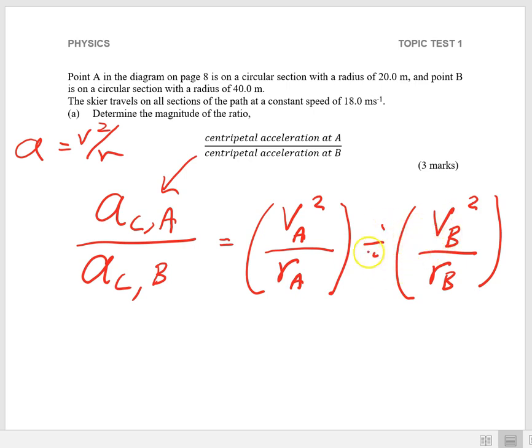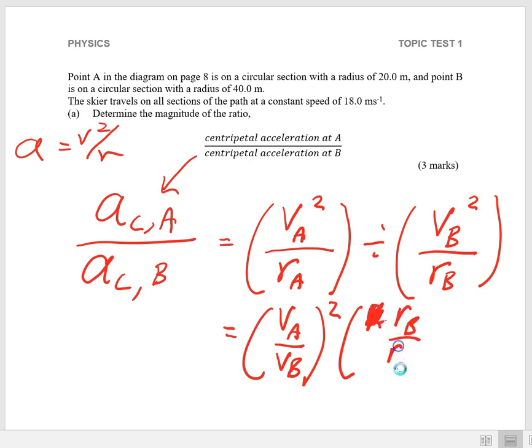If you do some manipulation over here, when you divide, it means that you turn this expression the other way around. This is what you will have: V_A over V_B, the whole thing squared, multiplied by R_B over R_A.